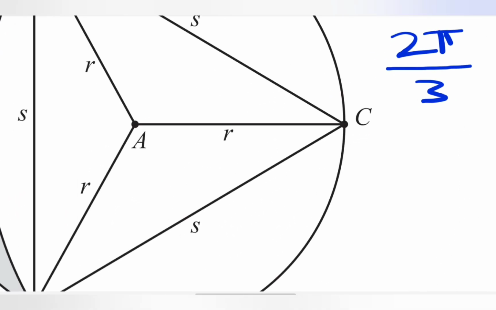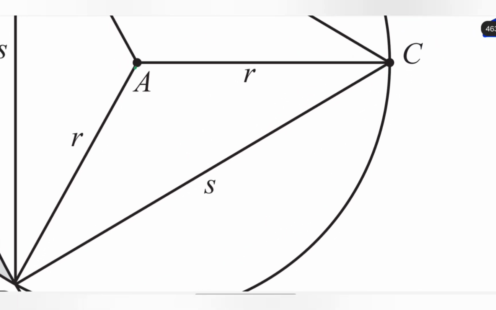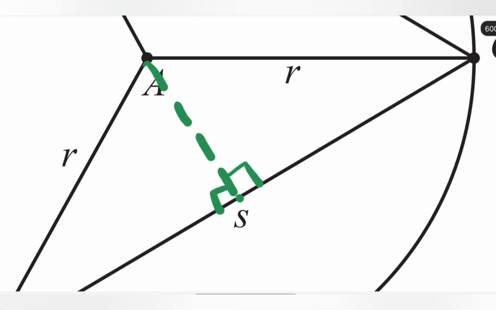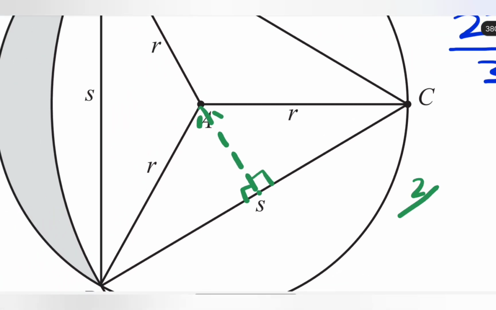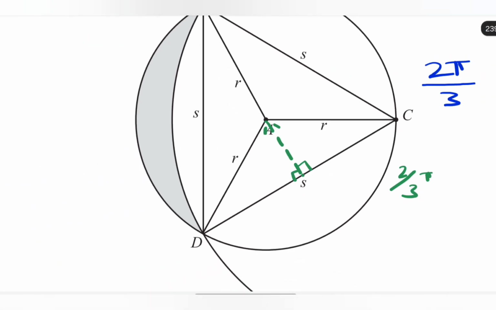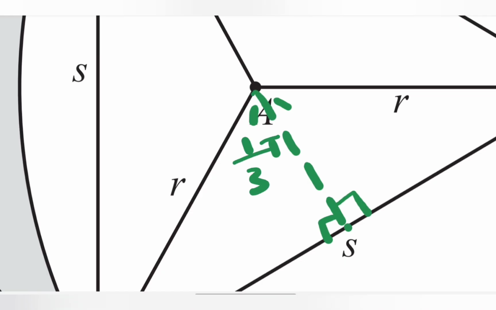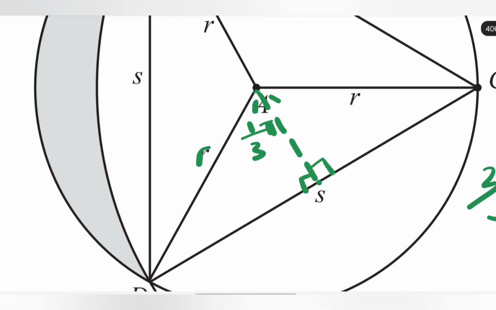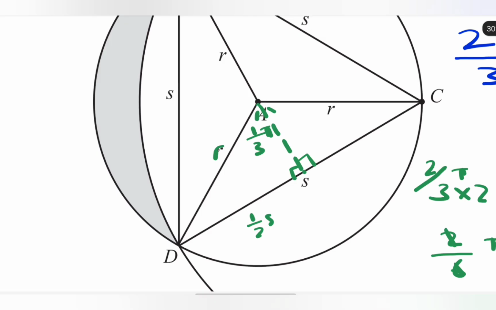So my thinking is, if we divide it into half to form right angle triangles, we also divide the angles into half. So if we have 2/3 pi divided by 2, we just multiply the denominator by 2 to be 2/6, which is a third. So now we have a third pi, we have r, and we have half s here, but let's call it x, but we know x is half of s.